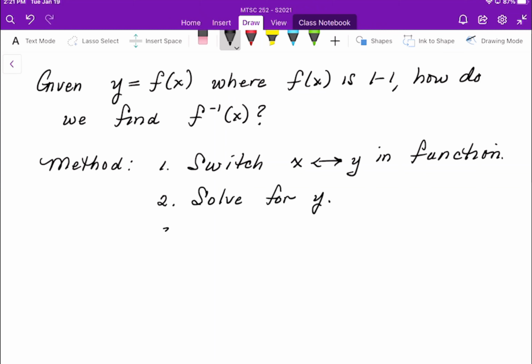And then the last thing is you're going to name y f inverse of x. Okay, this is the method. We're going to switch x for y in the function. Then we're going to solve for y. And then we're going to rename y to be the inverse function.